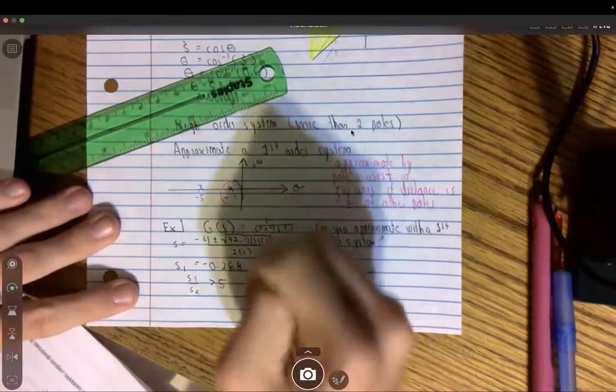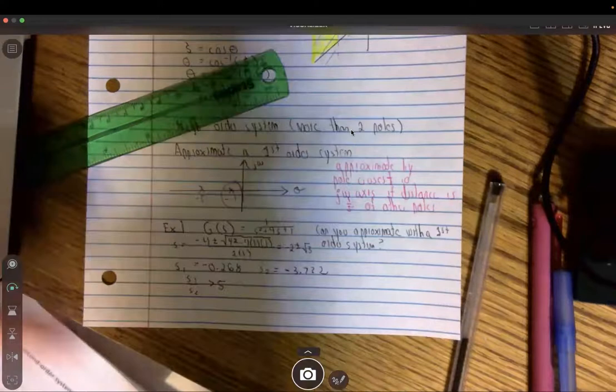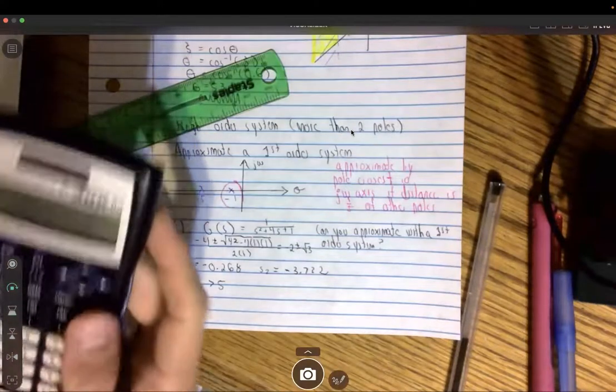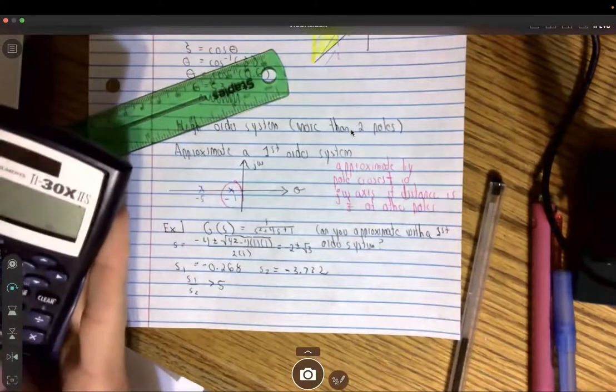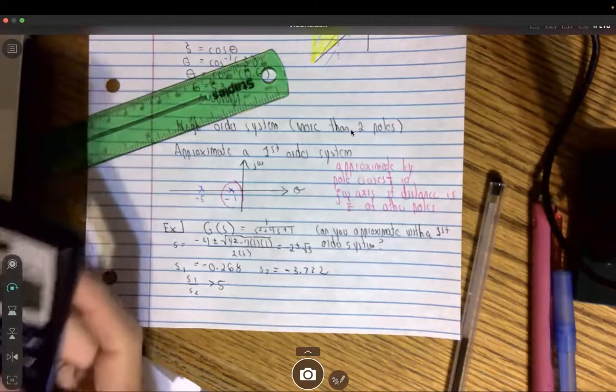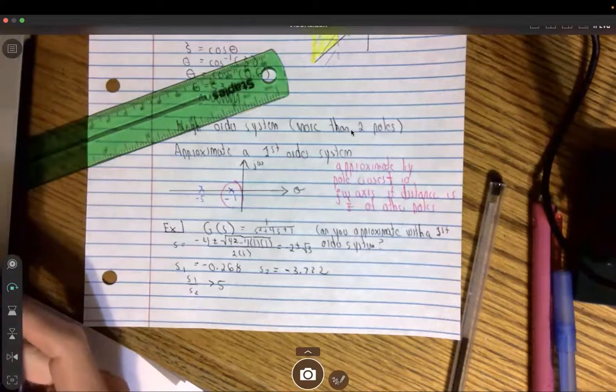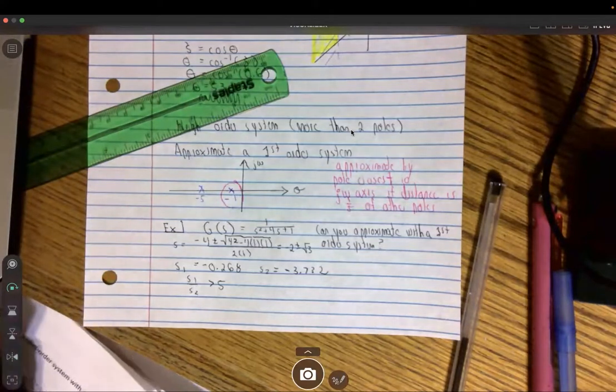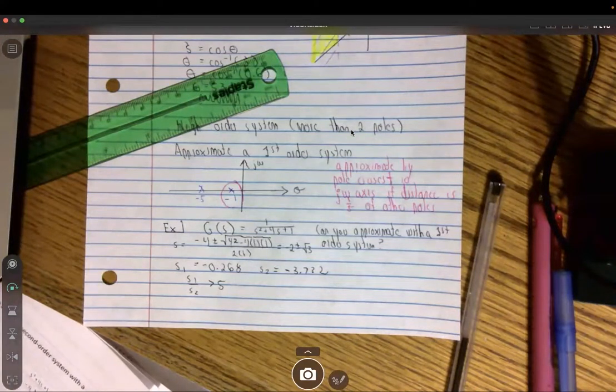And what we see here is when you plug into your calculator -0.268 divided by -3.732, you get 0.268 over 3.732.